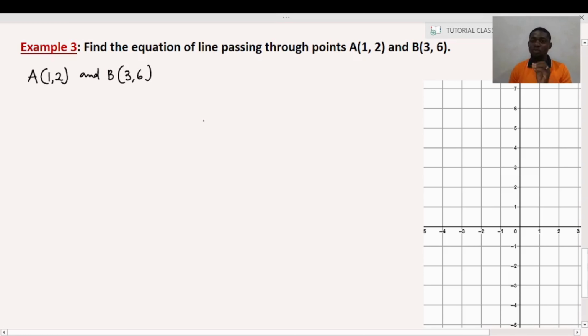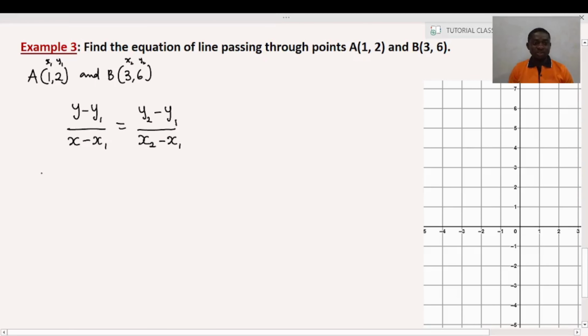Remember, when we are having 2 points and we are to determine the equation of the line passing through those 2 points, we have (y minus y1) divided by (x minus x1) equals (y2 minus y1) divided by (x2 minus x1), where at point A we have x1, y1, and at point B we have x2, y2. What we then need to do is to substitute all those coordinates into the formula.